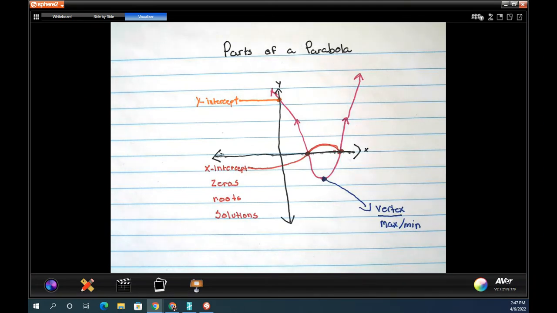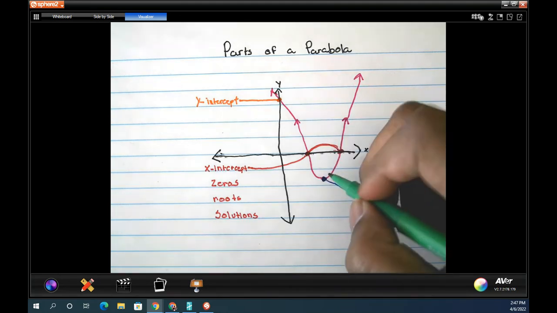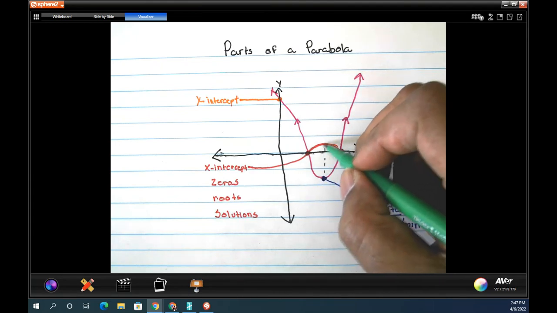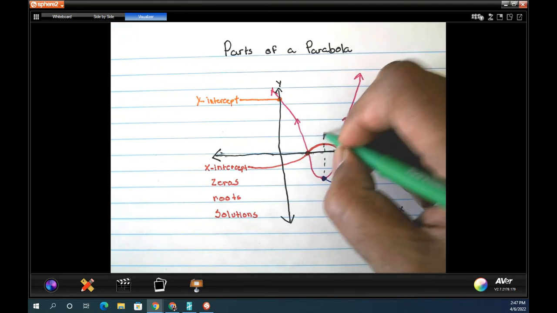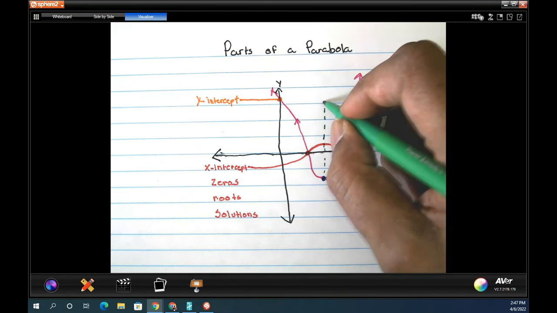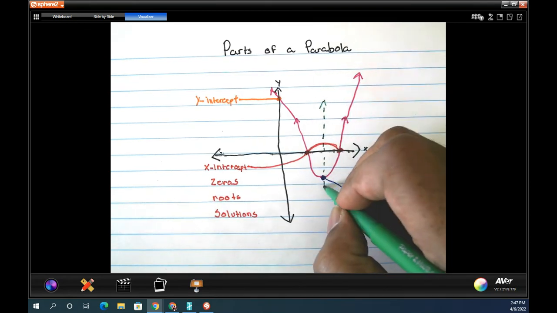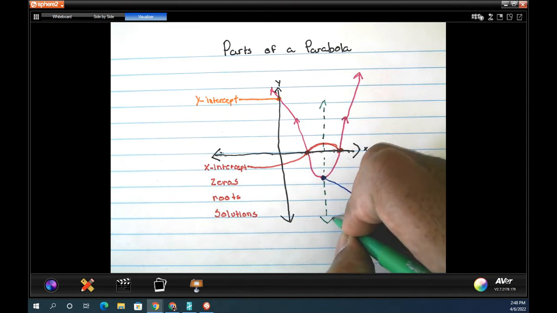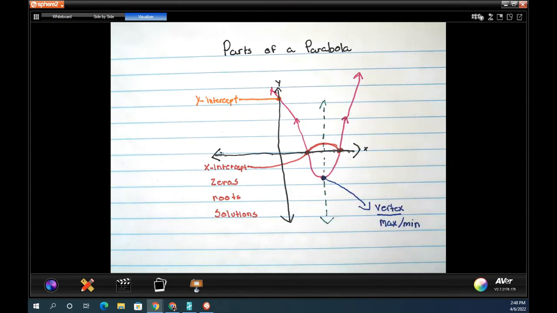Now, last thing, axis of symmetry. It's an imaginary line that divides the parabola in half. That's called the axis of symmetry. Yep, that's it. Axis of symmetry.